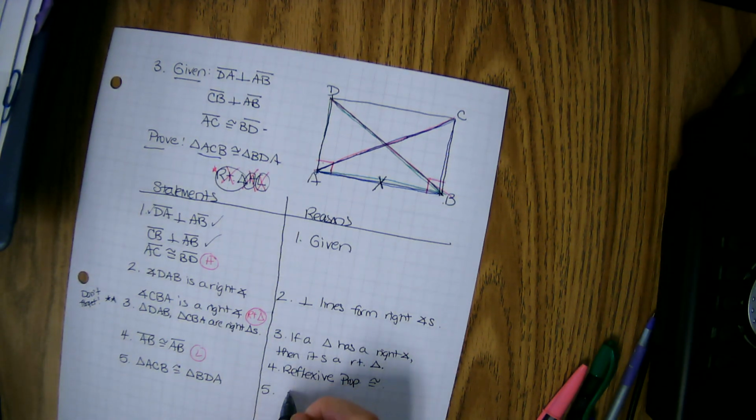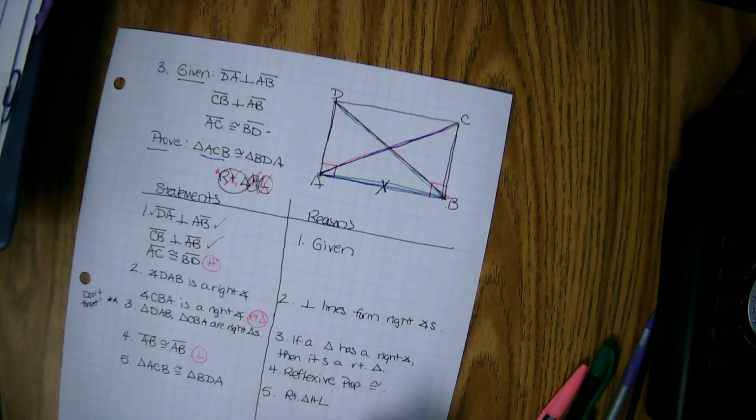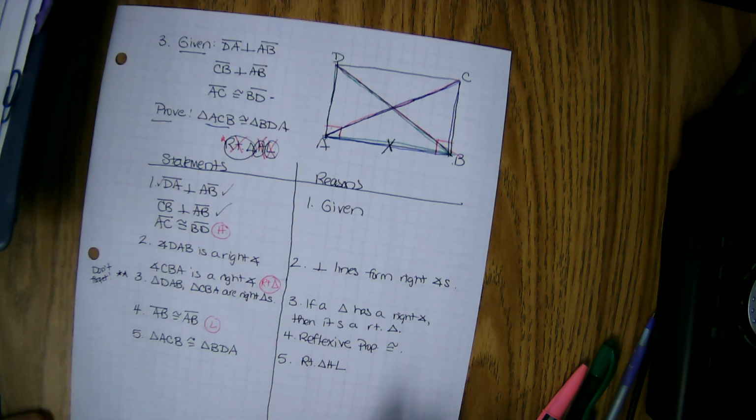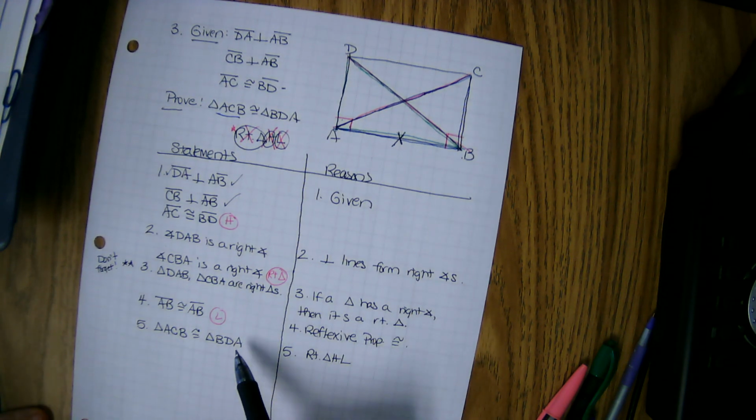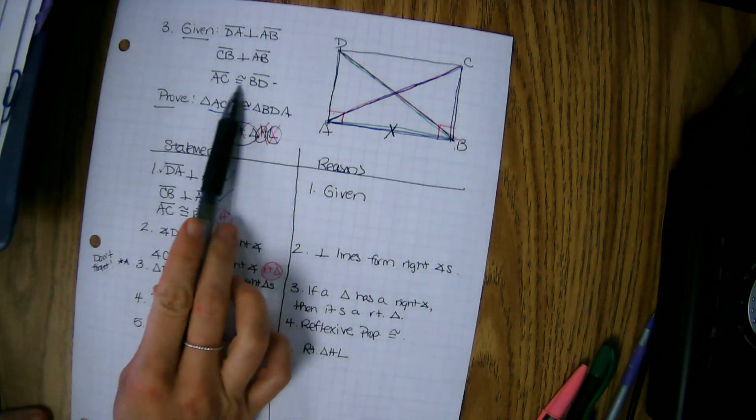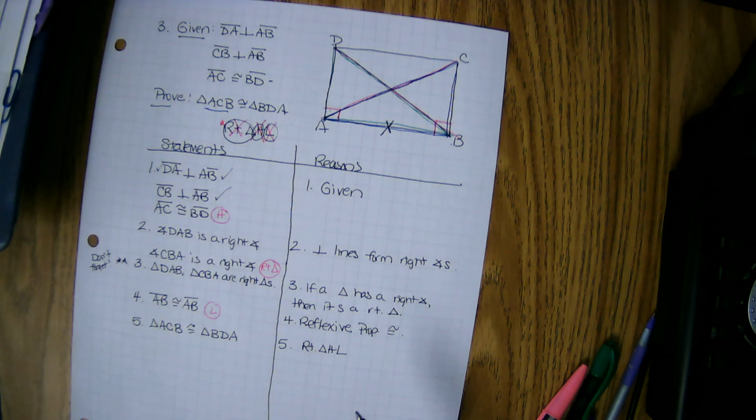But when we talk about CPCTC, which is corresponding parts of congruent triangles are congruent, so we take our proofs one step further, you're going to have to come up with that congruency statement on your own. So good idea to be double checking it at this point, but typically if they give it to you here, you can just use that same one.